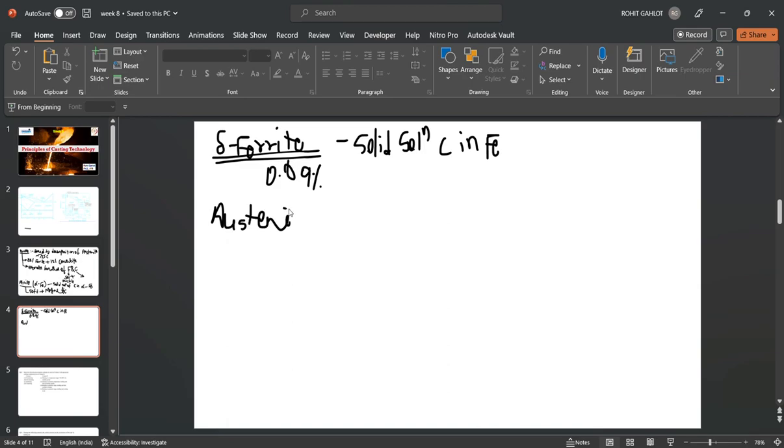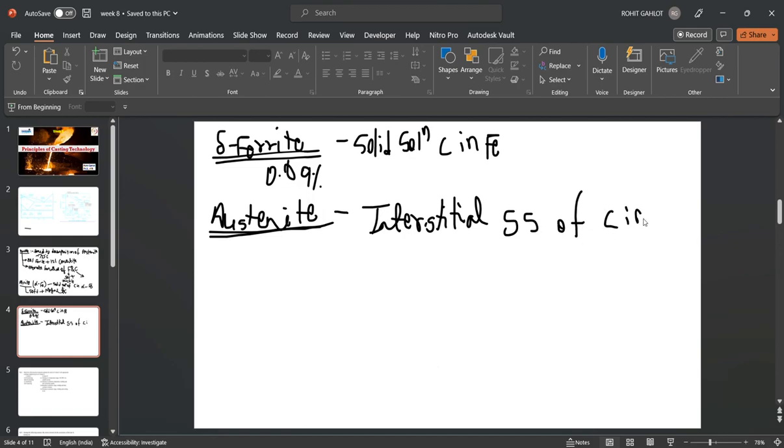Then if we talk about the austenite, this is an interstitial solid solution of carbon in gamma iron, actually it is not delta, it is gamma iron.